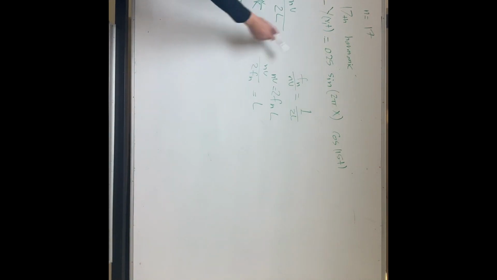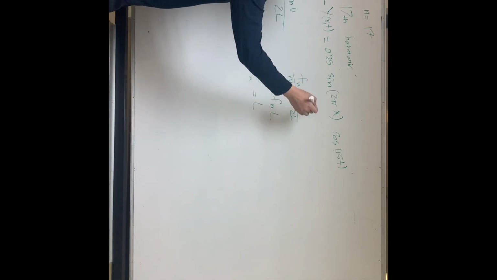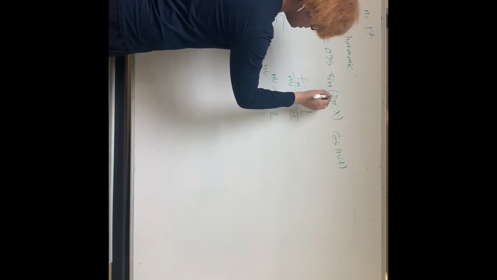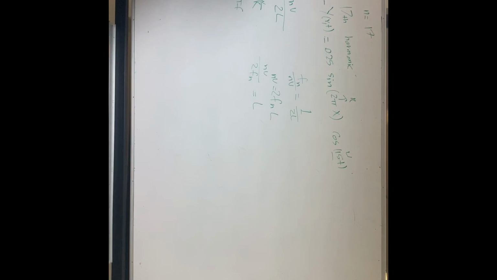So we have n, which is 17. We have the velocity, which is omega over k. If you know your standing wave equation, then you will know that this is k and this is omega. So if you divide these two values, 15 over k, which is 2 pi, you'll get the wave speed.